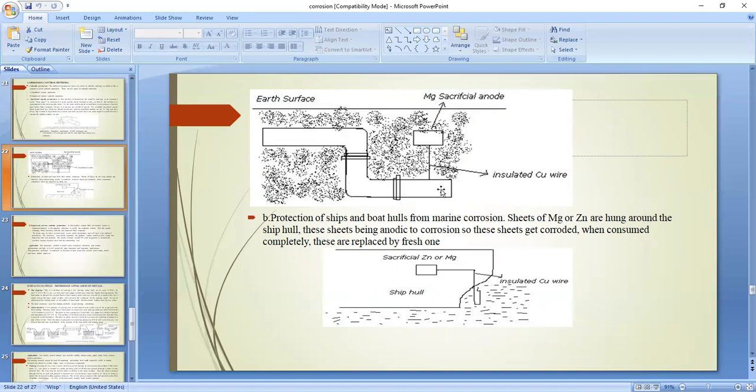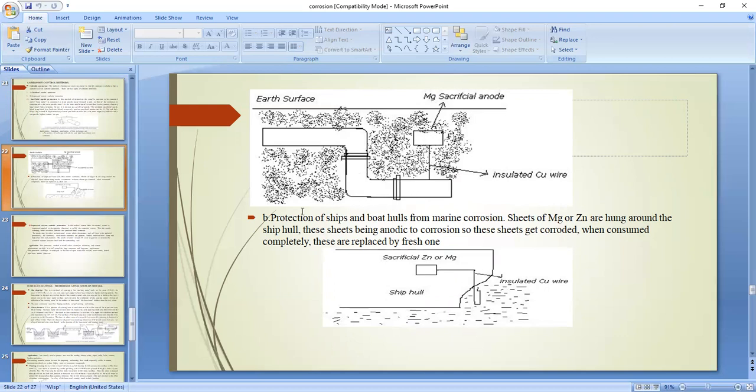In order to protect this iron metal, I'm connecting this iron metal with a more active metal like magnesium through an insulated copper wire, such that magnesium is a metal which possesses higher oxidation potential when compared to iron, such that the magnesium metal undergoes oxidation at a faster rate when compared to iron. So in this way, the corrosion usually takes place upon the magnesium metal, leaving this iron metal unaffected.